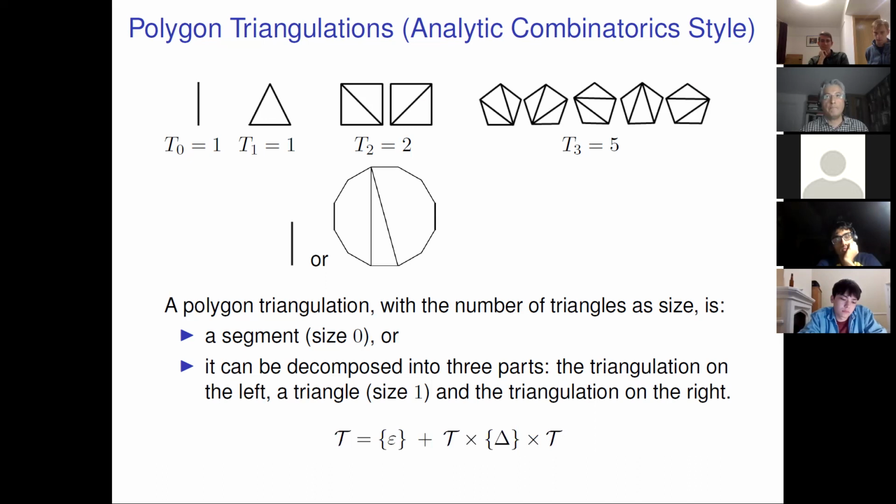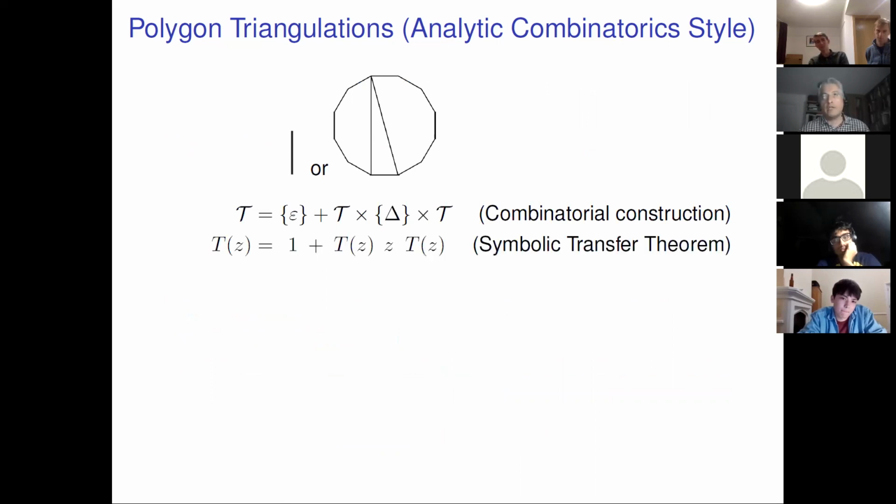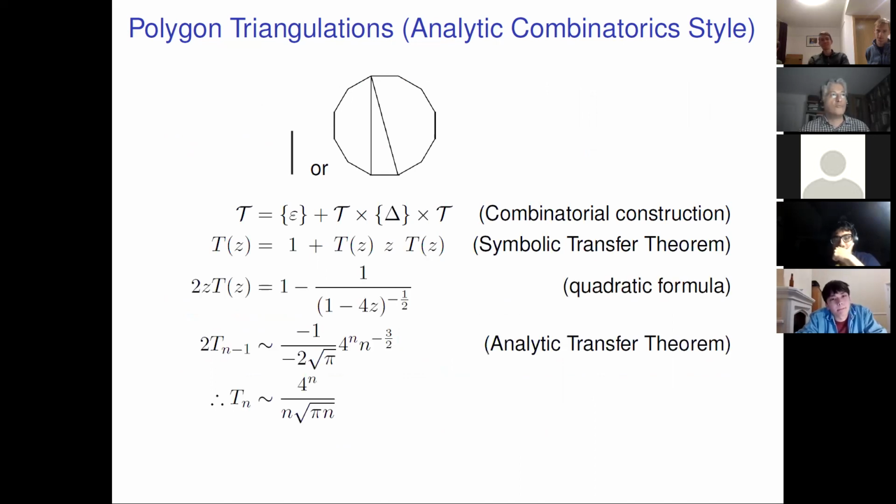So that's our combinatorial construction. Then we apply symbolic transfer, and we get the generating function equation. We solve that, we get the quadratic formula, and then we apply the analytic transfer theorem, and that's it. Boom, boom, boom.